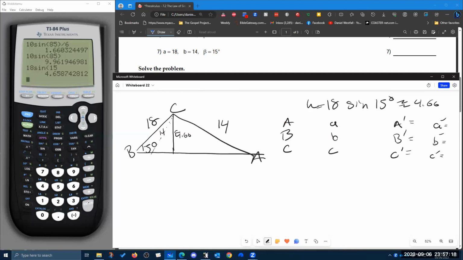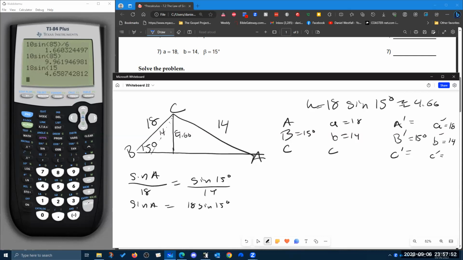So side A is exactly 18 and side B is exactly 14 in both of them. And angle B is 15 in both of them. Let's start off by solving for angle A since I have side A. So sine A is equal to sine B over B. Sine A equals 18 sine 15 over 14.